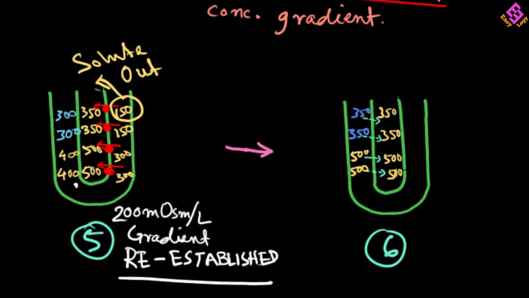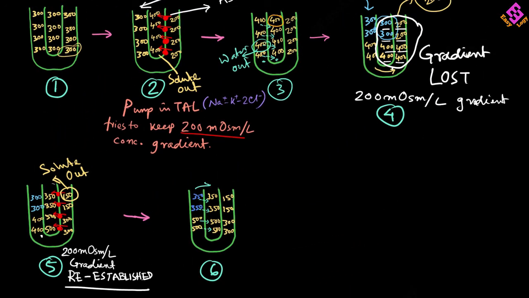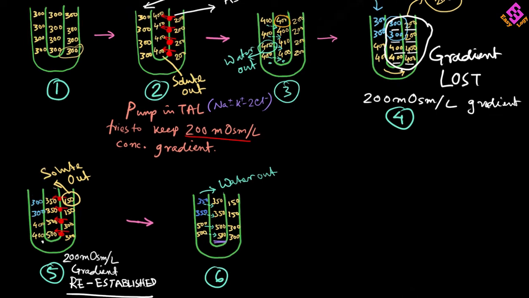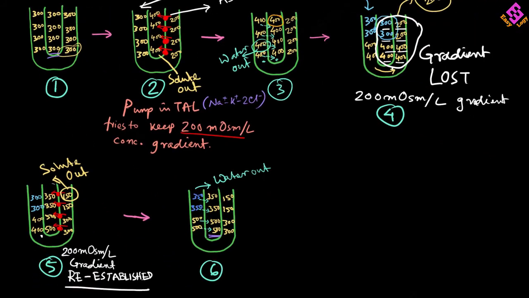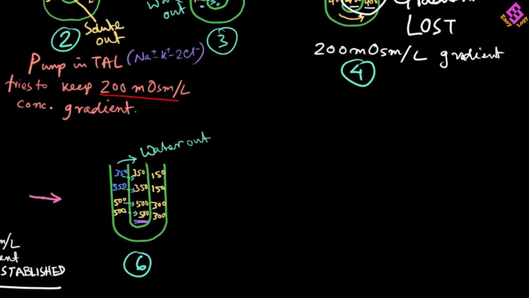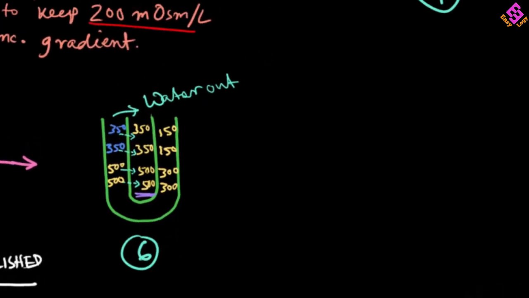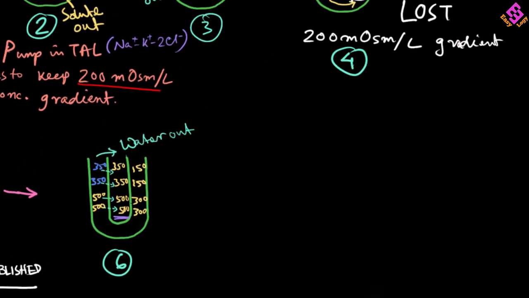In ascending limb write same as previous, that is 300, 300, 150 and 150. So in step 6 water out from the descending limb. Here you can see, if you compare this interstitial osmolarity with the initial step, which was 300, now it has reached 500. Okay, so the osmolarity is increased.